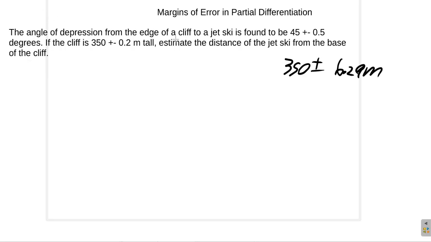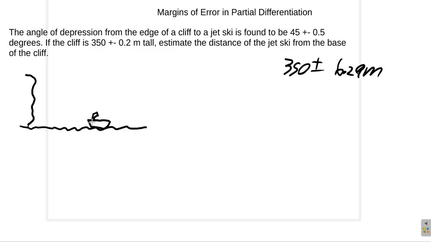So the angle of depression. Alright, let's say you have the cliff here, and this is the sea, and you have the jet ski here. Say this is the jet ski.